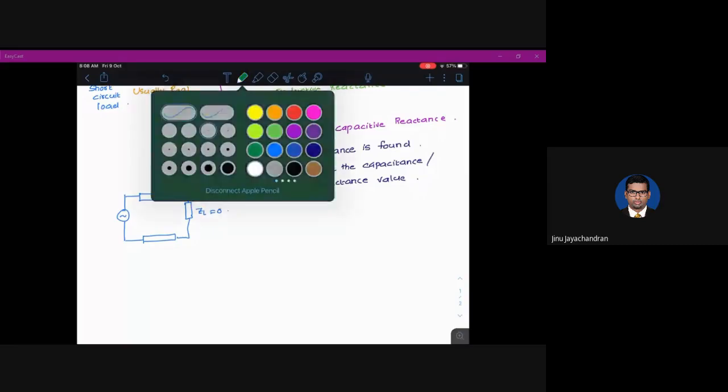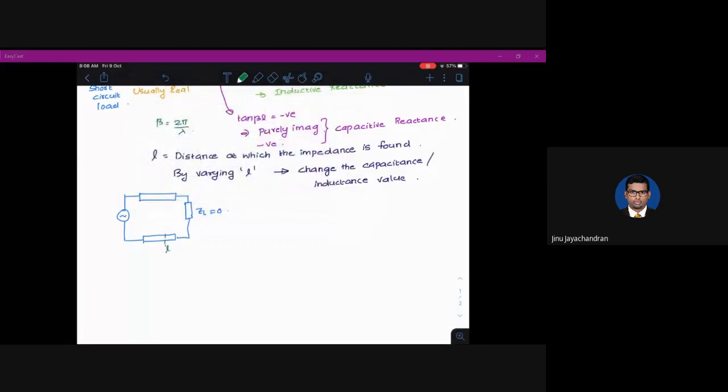Let's say you are measuring an l here, let's say this l is from the load, and you are finding the input impedance here. Then you will have something like Zin equal to j times, so there is some Z0 for this transmission line, let's say 5 ohm. It means at this point you have an inductive reactance.